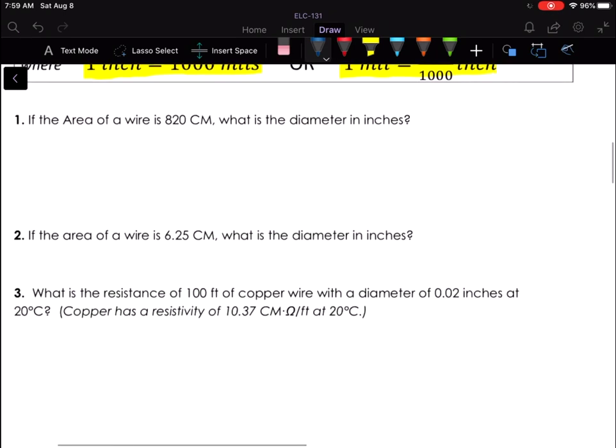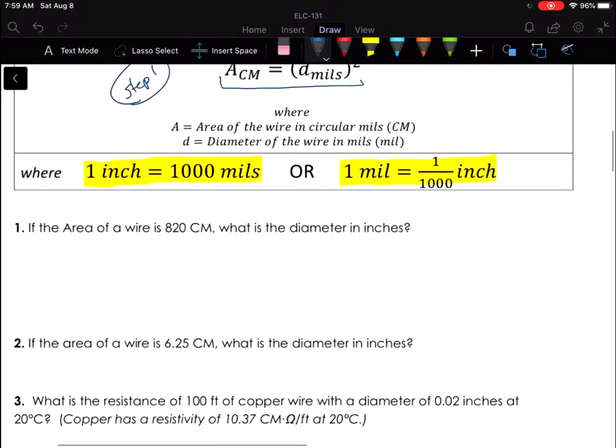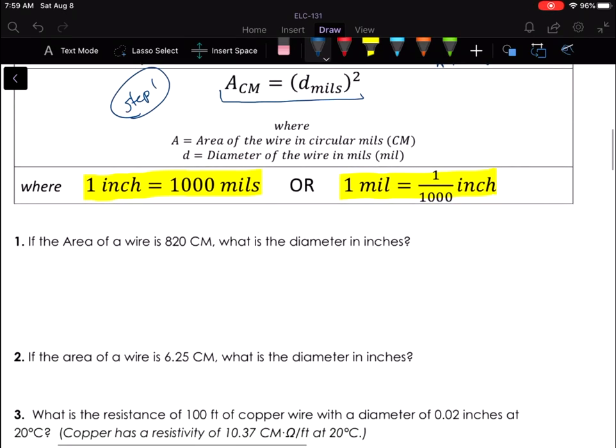Okay, so if the area of a wire is 820 circular mils, what is the diameter? And we want that in inches. So you're looking for the diameter. Whenever you're reading word problems, make sure you find what it is you're looking for and what it is that you're given.